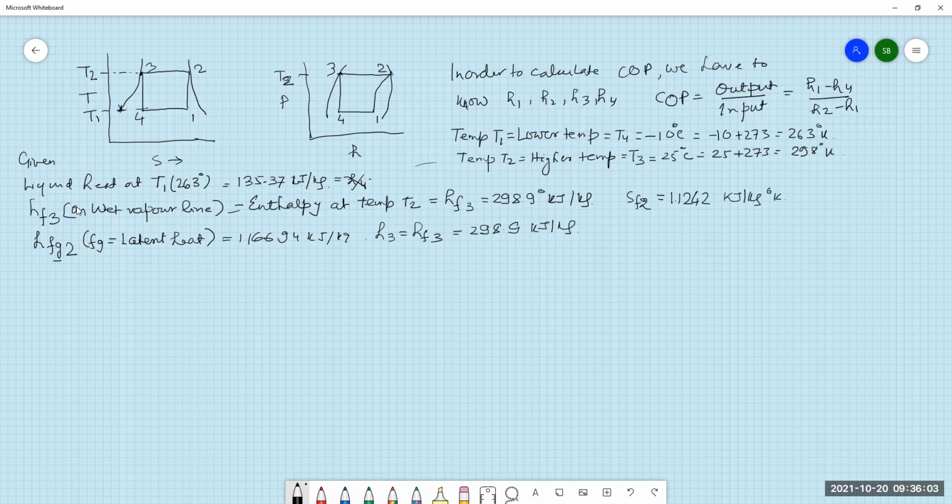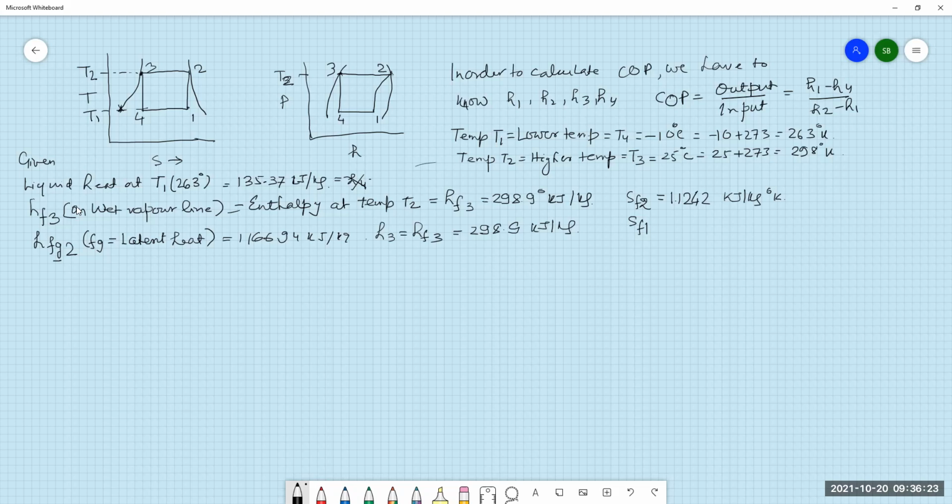And HF1. And what is HF1? And SF1 will be the entropy at that fluid line, which is at point 1, and it will be somewhere here.